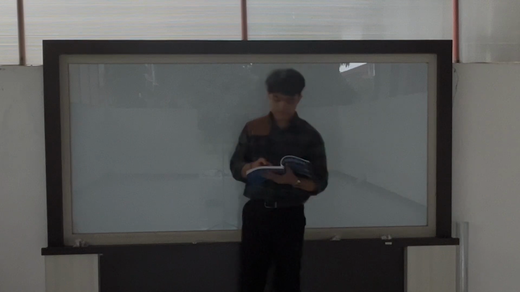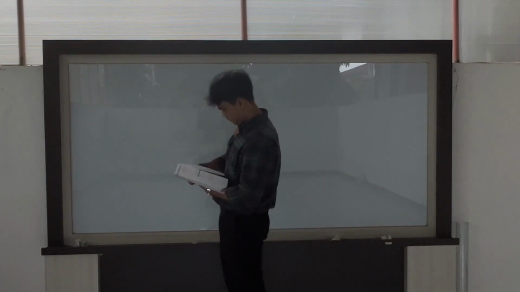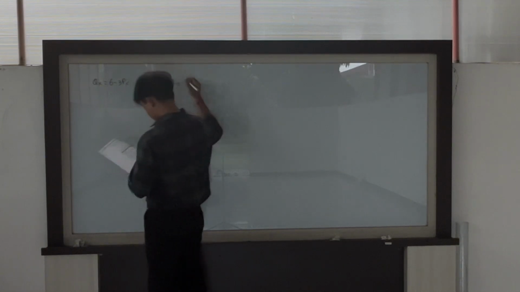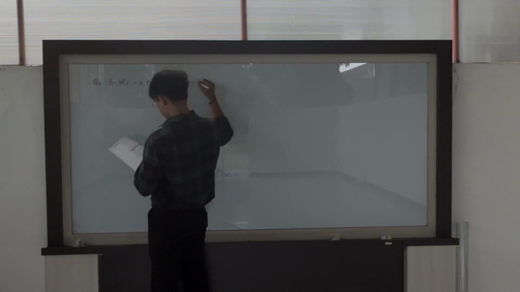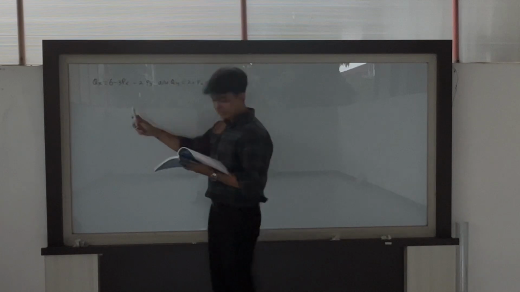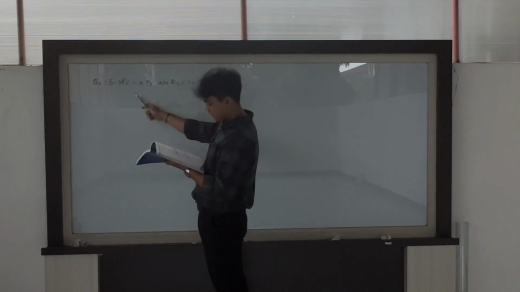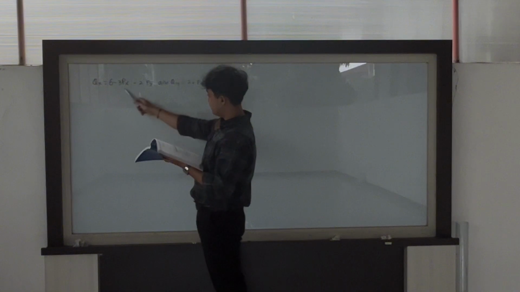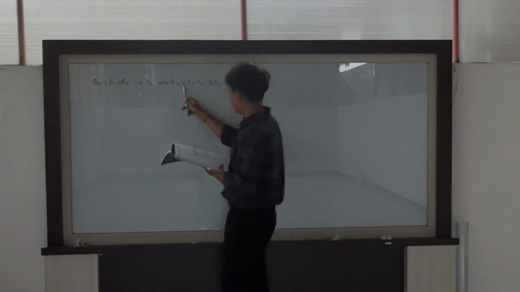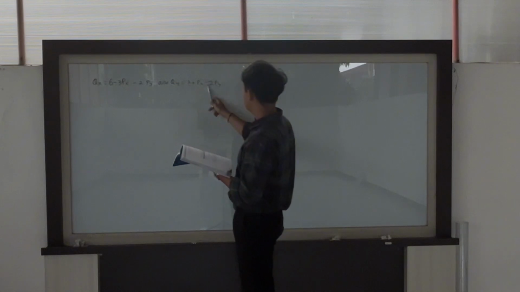And cross elasticity. So it is known that Qx equals 6 minus 3Px plus 2Pa and Qa equals 4 plus Px minus 2Pa.